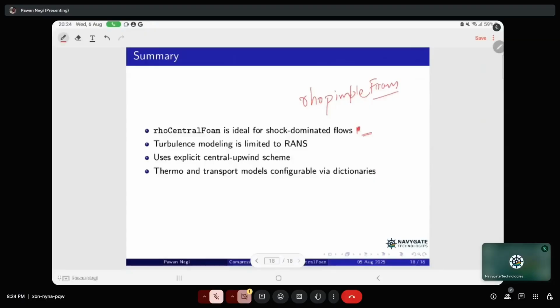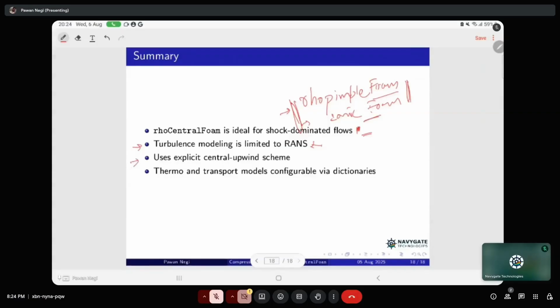And if the flow is supersonic or hypersonic, then you should use sonicFoam. Both these solvers can handle abrupt changes of resolution, the meshes that we get from snappyHexMesh. In case of turbulence modeling, rhoCentralFoam is limited to RANS, but in case of these two, rhoPimpleFoam and sonicFoam, you can have RANS as well as LES and DES.